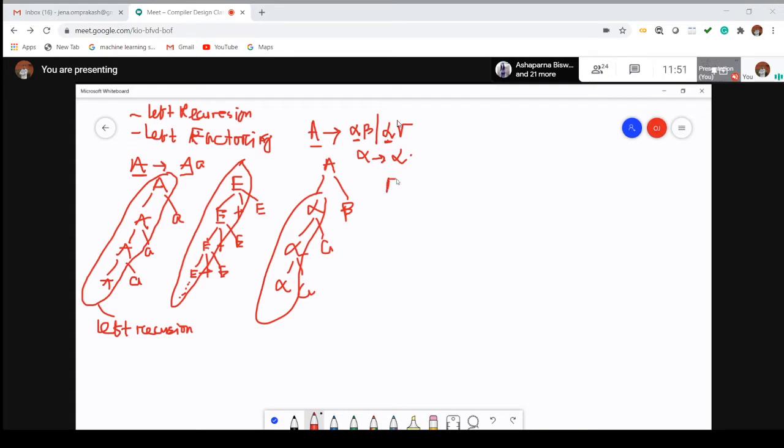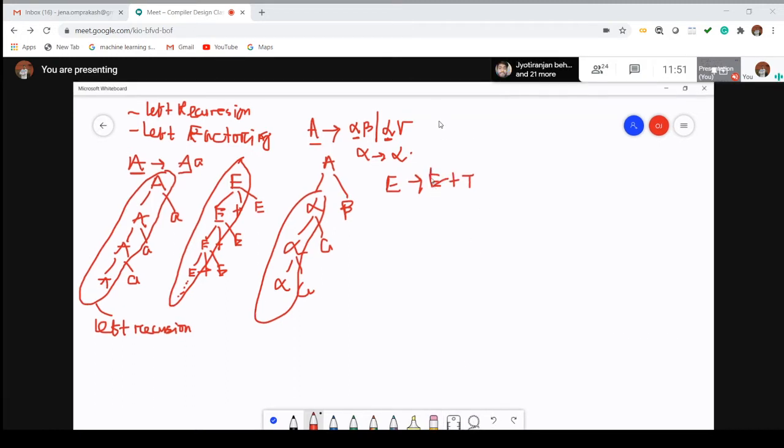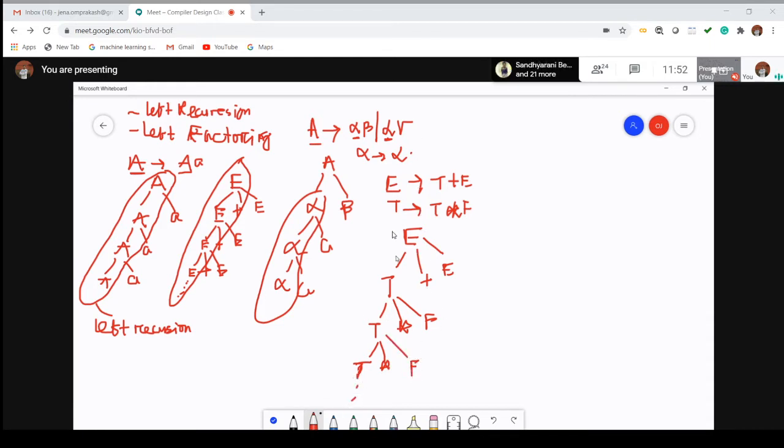Just take an example. Suppose it is E to E plus T, or let me make a change over here: E to T plus E. Now there exists a production from T to T star F. How do we represent this? This one equals E, this value equals T, this value equals plus, and this value equals E. Now the T value you can represent as T to T star F, and again this T is nothing but T star F. From this example it is clear that the E value is not repeated, but the T value is repeated.